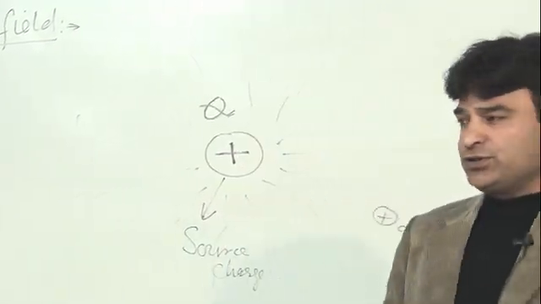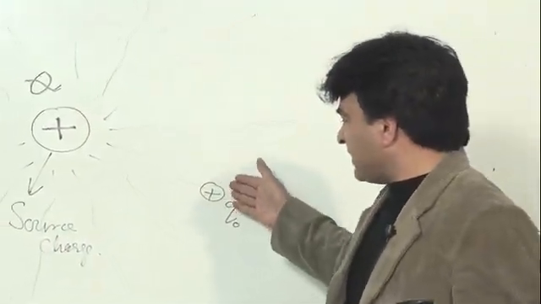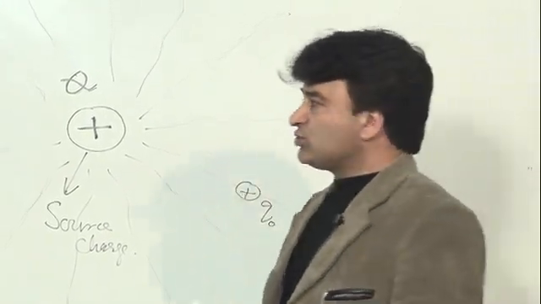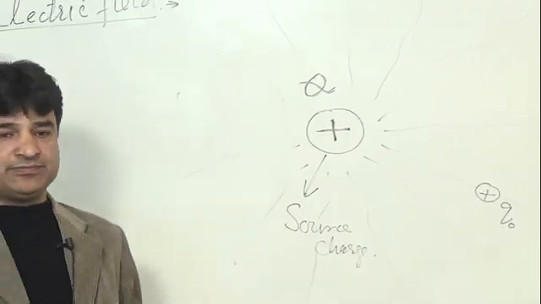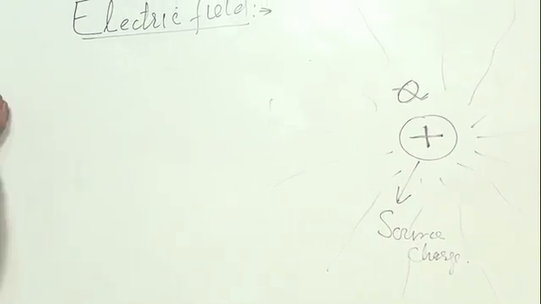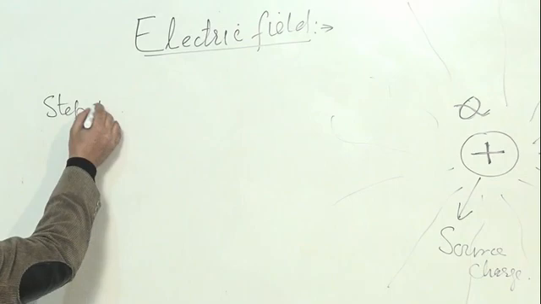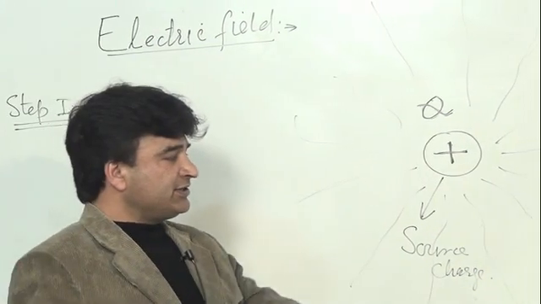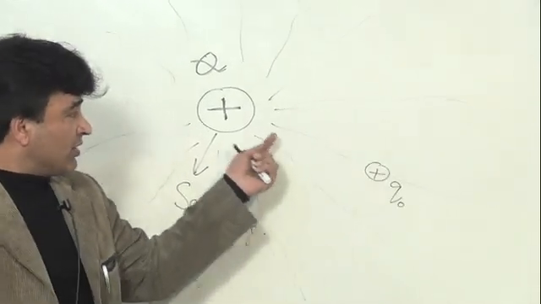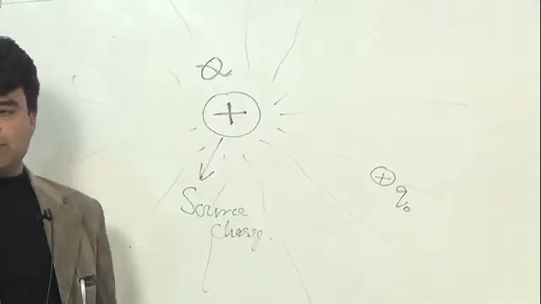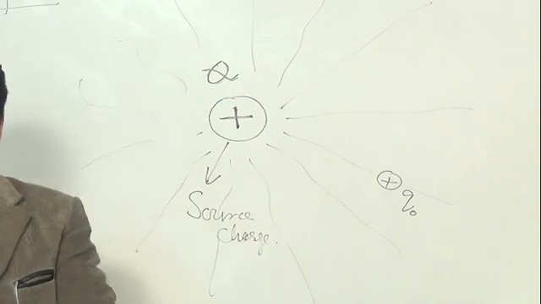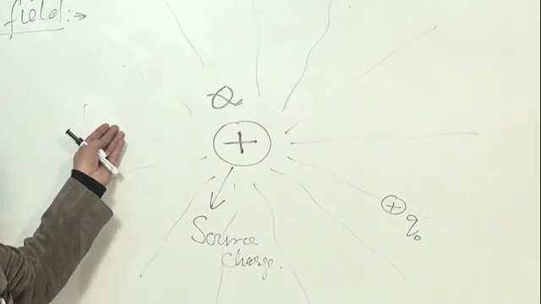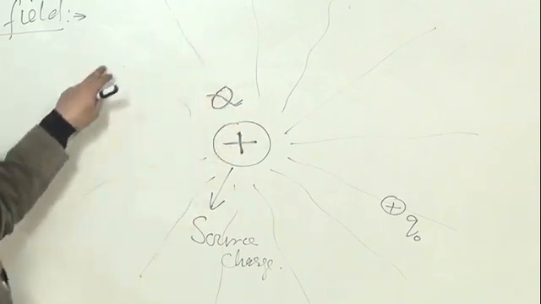The electric force experienced by the charge Q0 is a two-step process. In step first, this source charge produces something called electric field in the space around it.